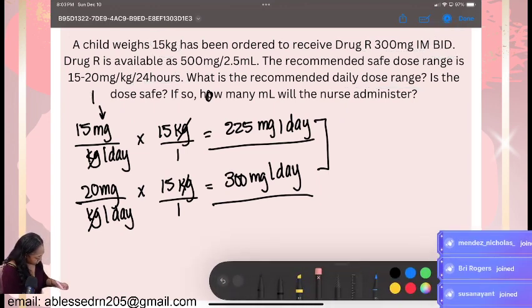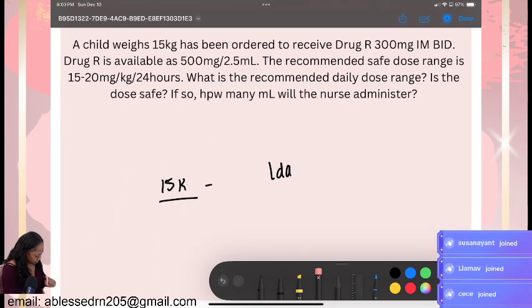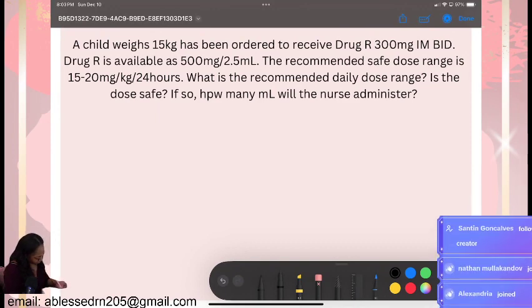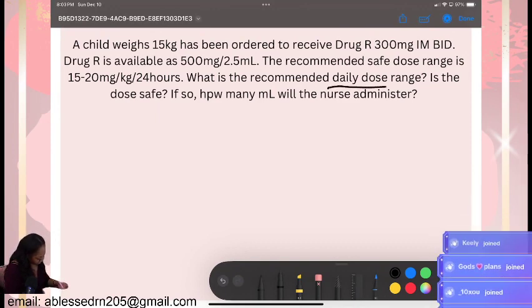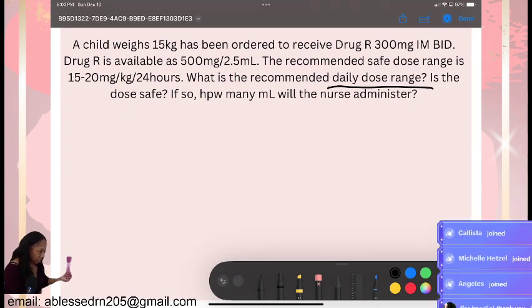So just like when we identified the goal for drops per minute earlier, it tells you what is the recommended daily dose range. You call it tic-tac-toe method. Okay, shoot. Tic-tac-toe, Joe, Schmo, it's all the same.